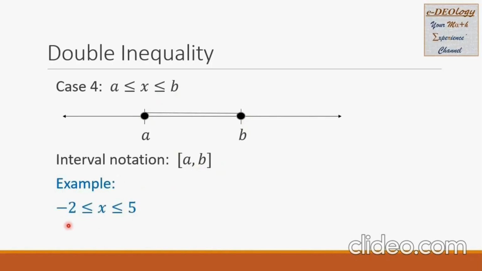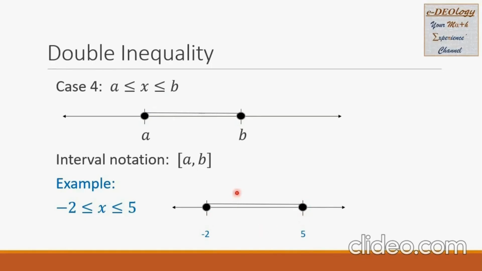Example, -2 is less than or equal to x and x is less than or equal to 5. On the number line, we have the -2 on the left side and 5 on the right. Then we will connect the two numbers. We use the solid dots for both the -2 and the 5.